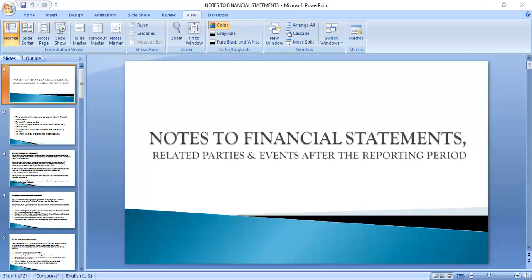An entity shall disclose the name of the entity's parent and, if different, the ultimate controlling party. If neither the entity's parent nor the ultimate controlling party produces financial statements available for public use, the name of the next most senior parent that does so shall also be disclosed.